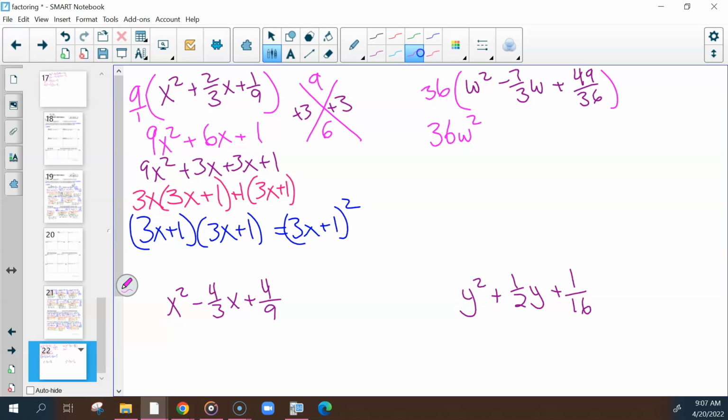Negative 84. You can either multiply and then divide or divide and then multiply. But you should get negative 84w here. And then when I multiply 36 to 49 over 36, I get just 49.